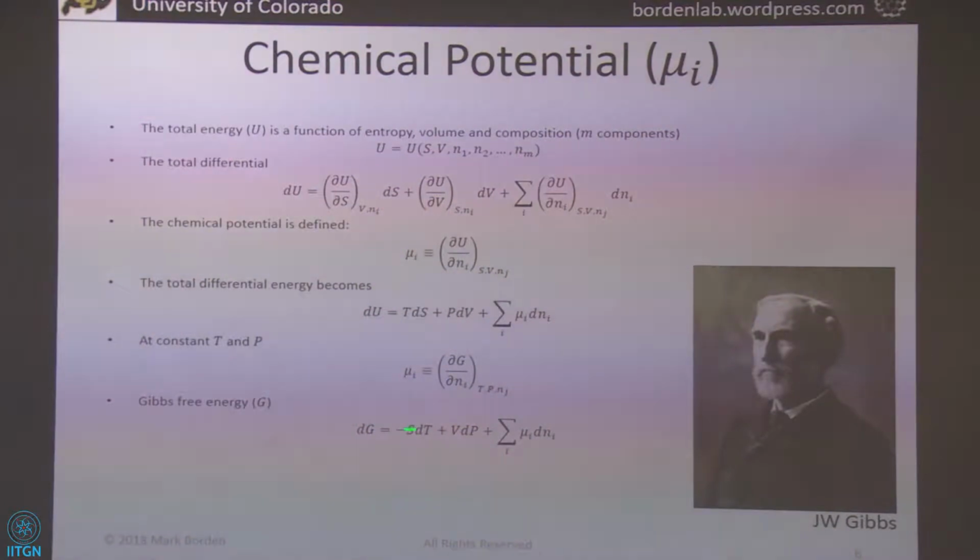And the Gibbs free energy is negative S dT, plus V dP, and then the summation of your chemical potential times dN_i. So that's in terms of the chemical potential. So the chemical potential can be determined in terms of the total energy, the Gibbs free energy, the Helmholtz free energy, and even the enthalpy under different conditions.